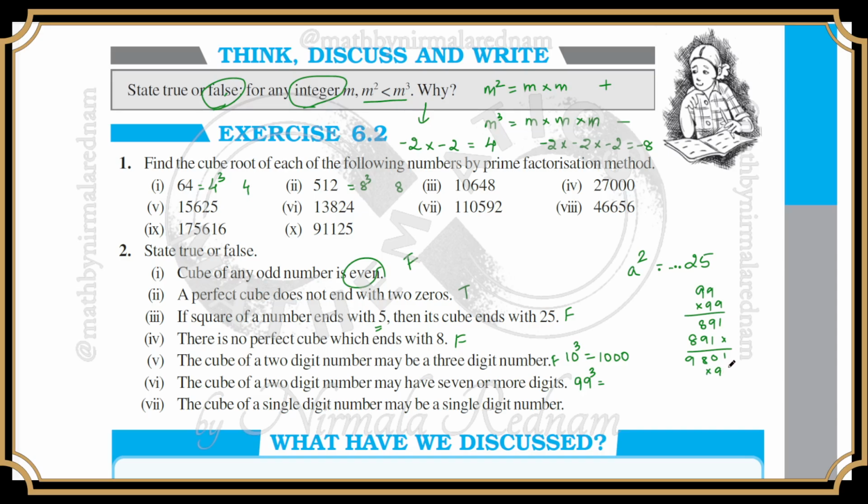Now I have to multiply this with 99. 81 plus 7 is 88, 88209. So if I add this, I'm going to get 970299. So this is a 6-digit number. They're saying 7 or more, that is false. It's a 6-digit number. So this statement is false.